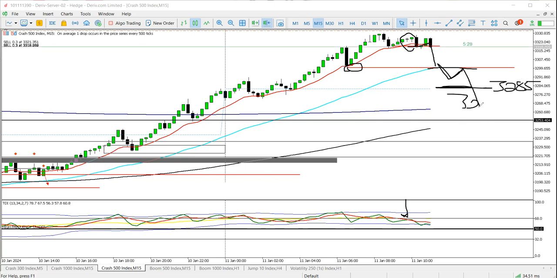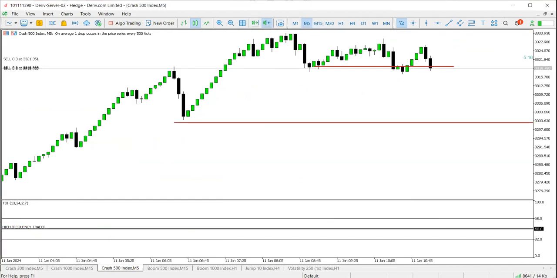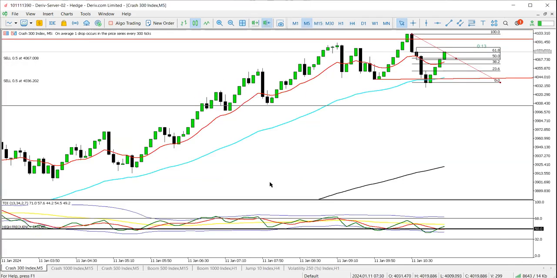Potentially come to 32.65 as well, which is around this area. But we'll see. But for now, again, it's a short-term trade. Based on my view, it's short-term. Those are the two active setups I've got at the moment.